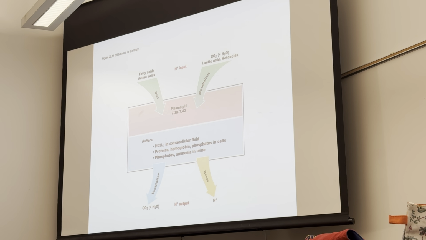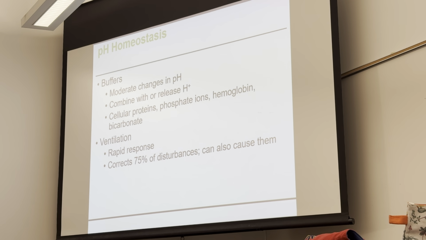Hyperventilation will also control acidosis and alkalosis. And finally, the function of the kidney. What the kidney is specifically able to do is release either more hydrogen ions into urine or less, and in that respect, also control the acidity of the blood.